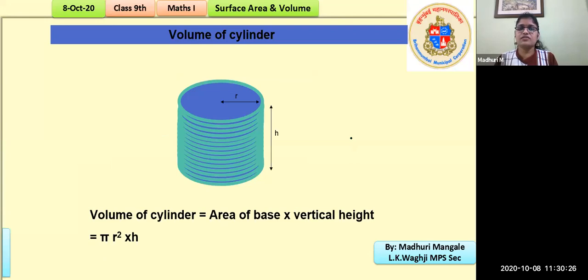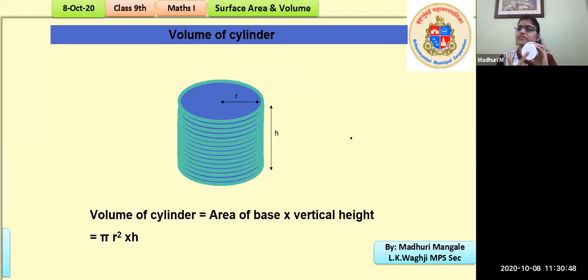How do we find the volume of a cylinder? So as I said earlier, to find the volume of any shape, you start with the area of the base and multiply by the height, correct? Now, what is the base of a cylinder? Imagine, think of a cylinder like this. So what is the base? The base is a circular shape, correct?